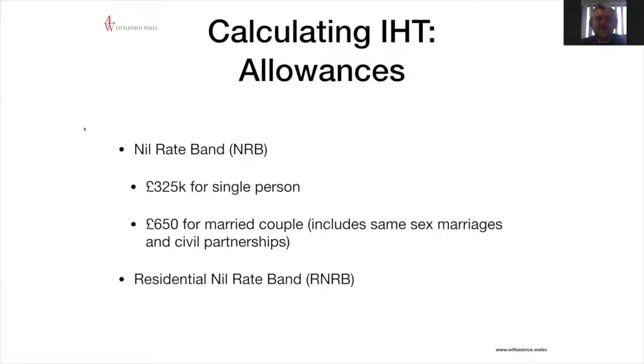So when the wife dies, her estate can claim not just her tax-free band of £325,000, but also his tax-free band of £325,000, making a tax-free band of £650,000. Only the amount above that figure is subject to tax. So once the figure goes above £325,000 for a single person, or £650,000 for a married couple, the excess is subject to tax at 40%.